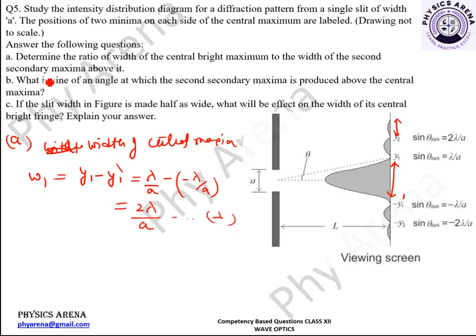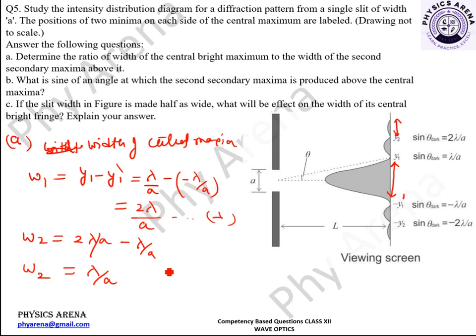Now for the width of the second maxima above the central maximum, that is W2, and we can see that it will be equal to y2 minus y1. So that will be 2 lambda divided by a minus lambda by a, and it will be equal to lambda by a.